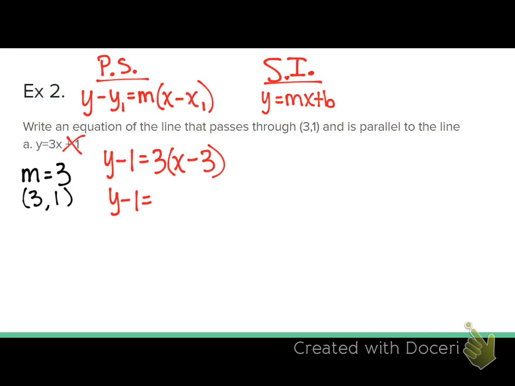So y minus 1 equals 3x minus 9. And then what do we do? Add 1. Get y alone is step 4. We add 1. So now, James, you would be correct: y equals 3x minus 8.